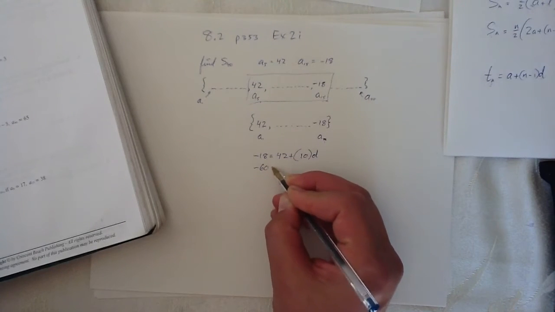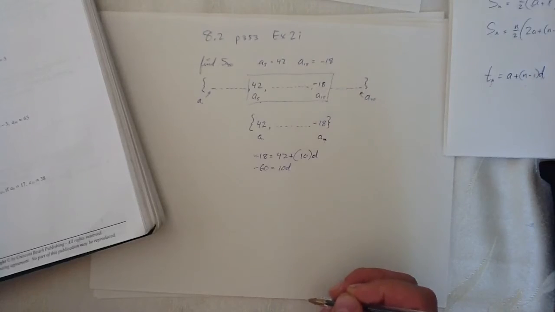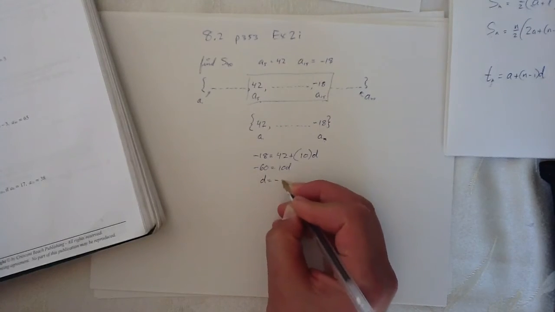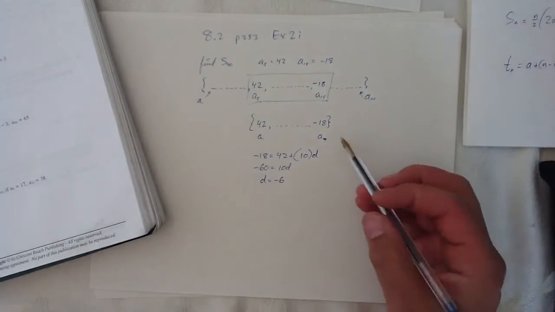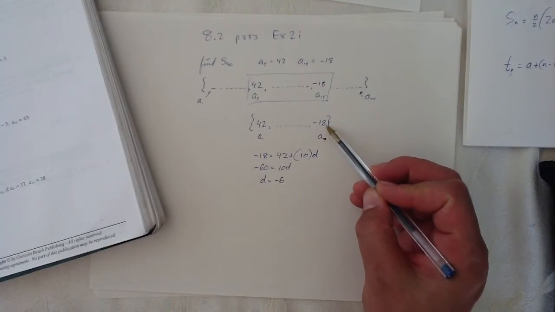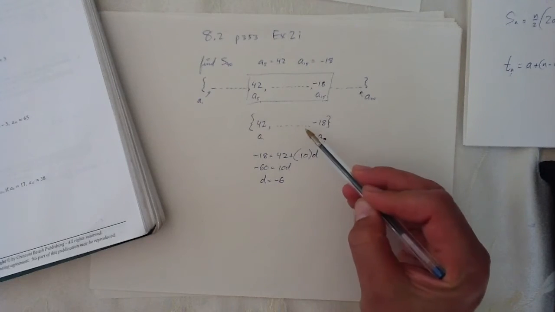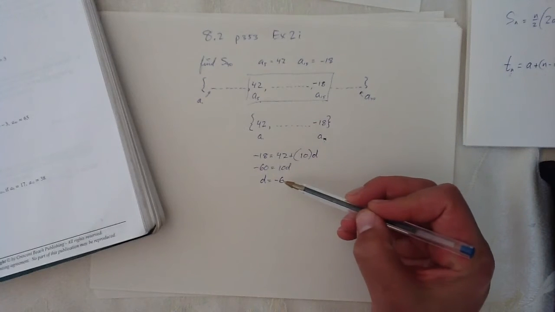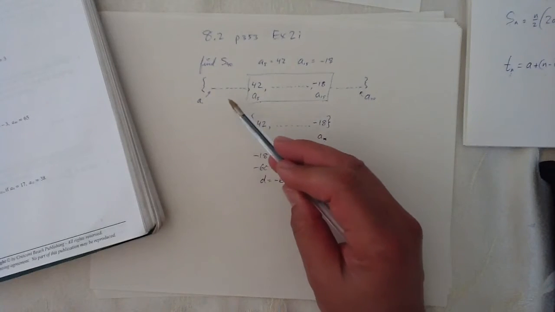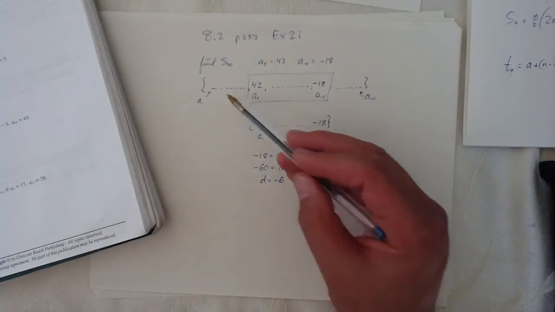We get negative 60 equals 10D, and that means D equals negative 6. So we've managed to calculate D by thinking of this middle section as its own little mini-series, and D equals negative 6 will be true for this entire broader series.